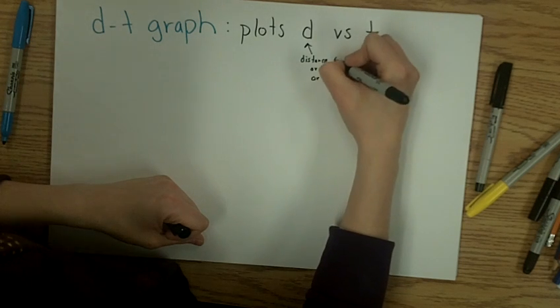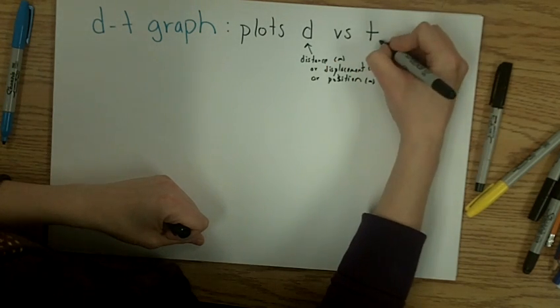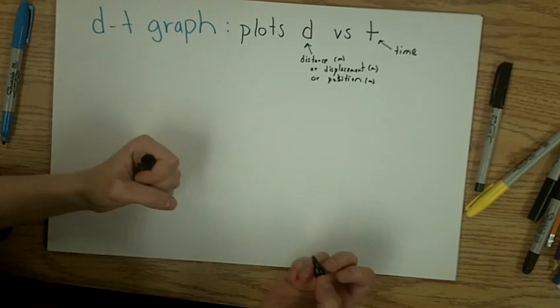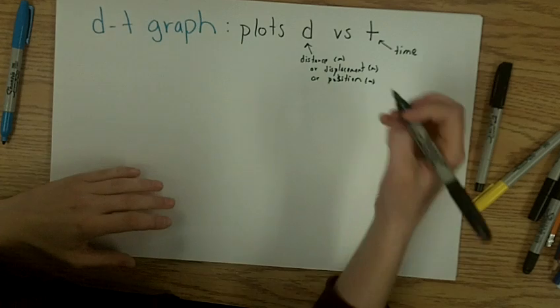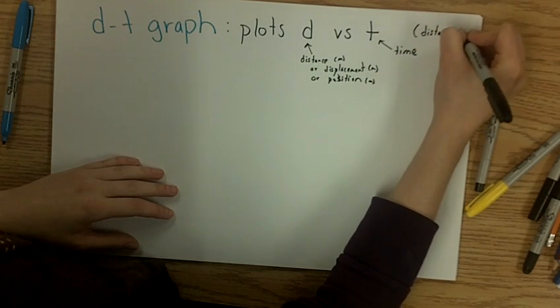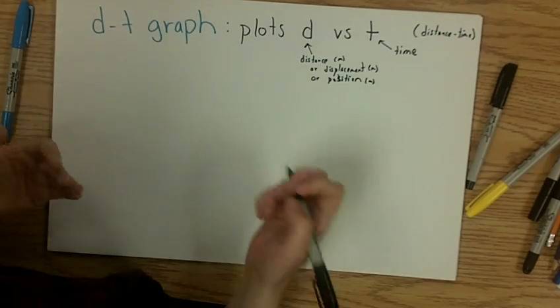In any case, it's always meters that's being plotted versus t, which is time. Normally, I just refer to them as distance-time graphs. But know that I mean displacement or position.